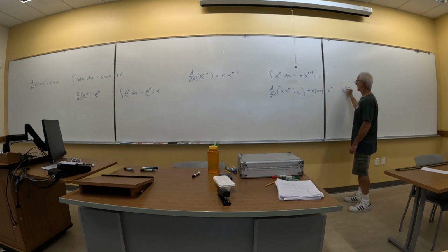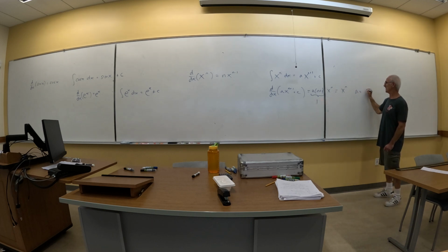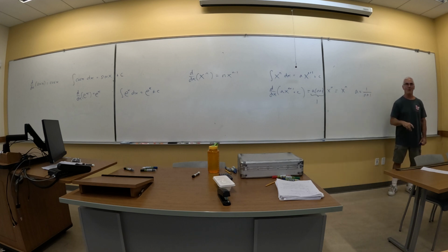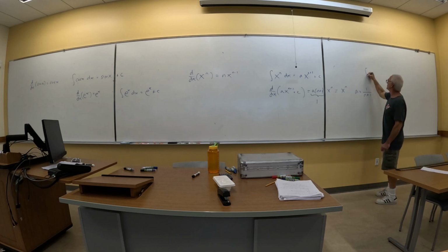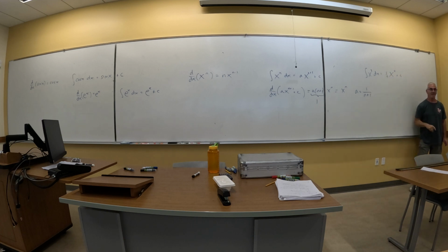So that means this whole quantity has to equal 1, which means that A must be 1 over n plus 1. Well, that's interesting. So if I asked you to integrate x cubed, you know it's x to the 4th times 1/4. Does that make sense?